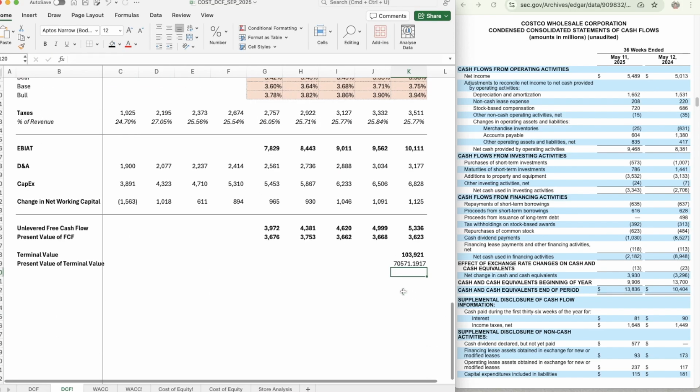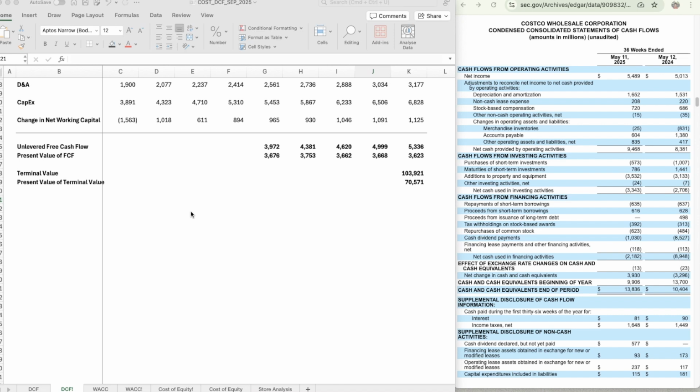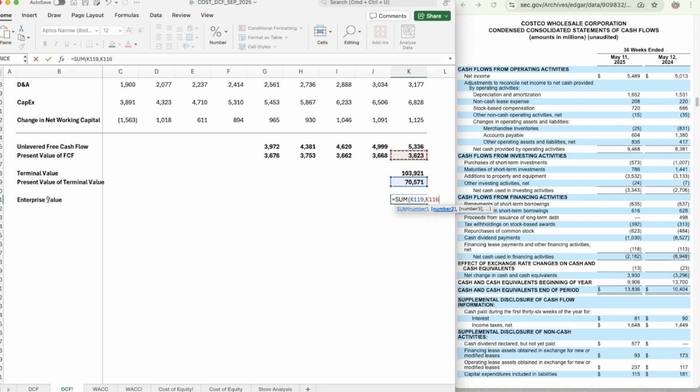And there we have it. So the present value of the terminal value is 70.5 billion. Now the next point is the enterprise value, and this is the sum of the present value of terminal value plus the present value of the free cash flow that's forecasted, and that gives us nearly 89 billion.